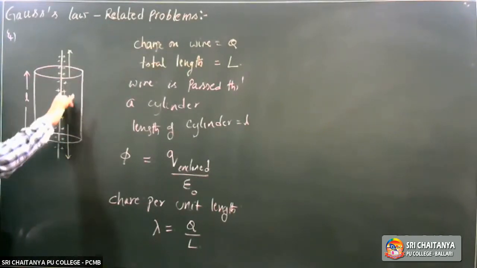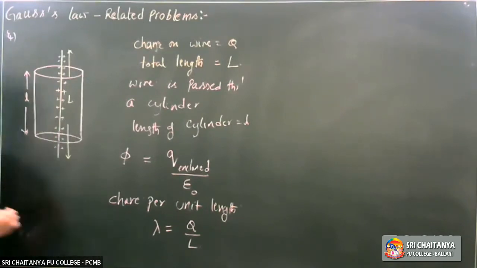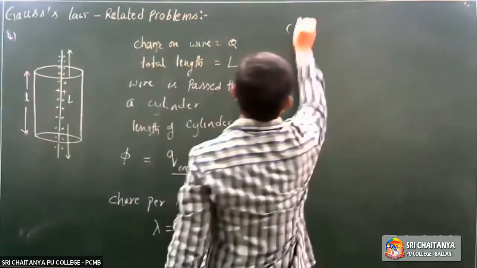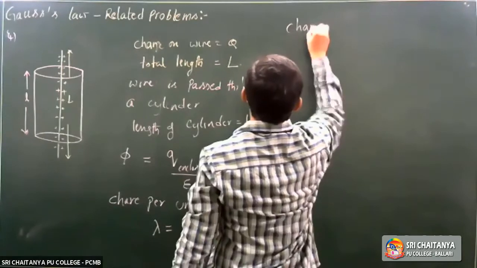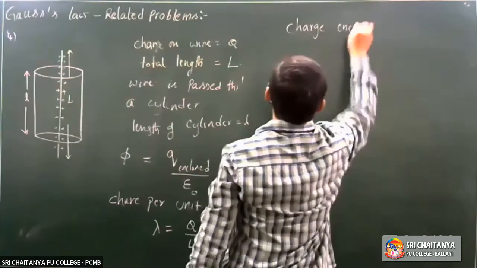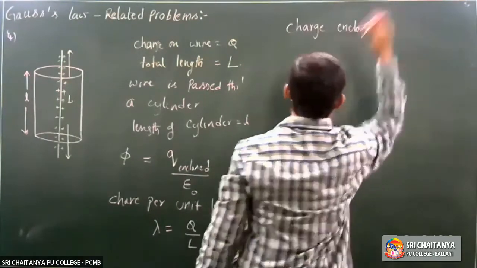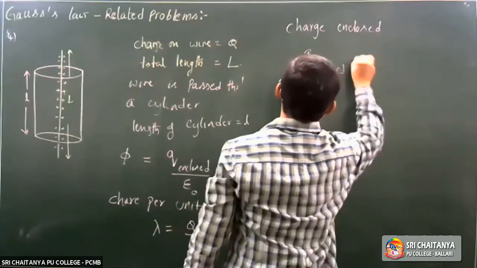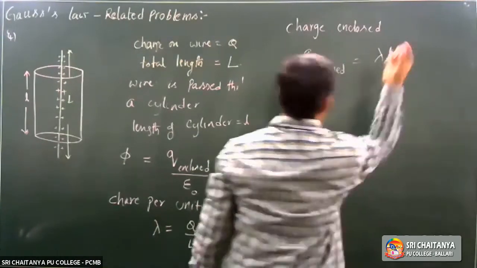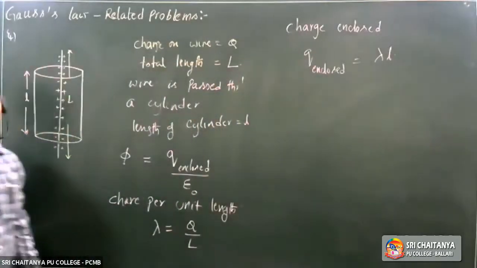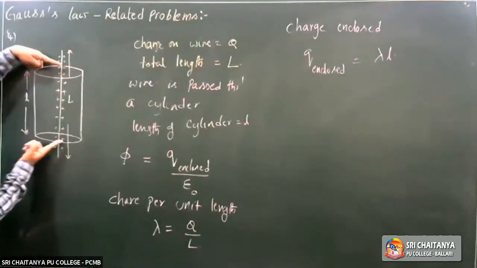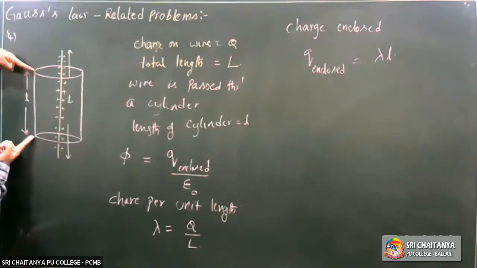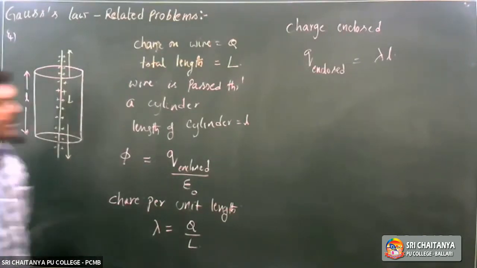So charge enclosed is charge per unit length times enclosed length, which is lambda l.